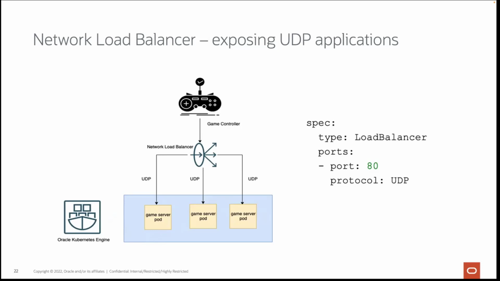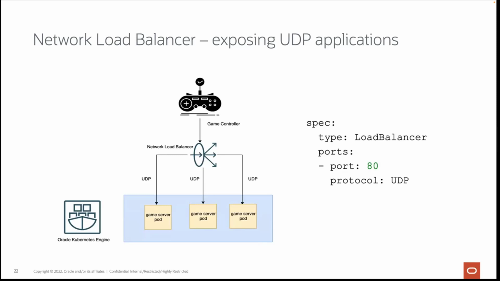You could have a network load balancer which is provisioned with a UDP listener, and it is associated with a single backend set or multiple backend sets. The backend set is configured to register its backends and perform health checks using the UDP protocol. So when OKE provisions a network load balancer for a Kubernetes service of type LoadBalancer, you can define the type of traffic accepted by the listener.